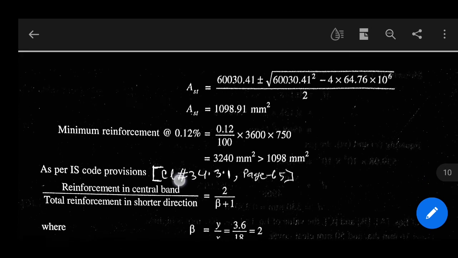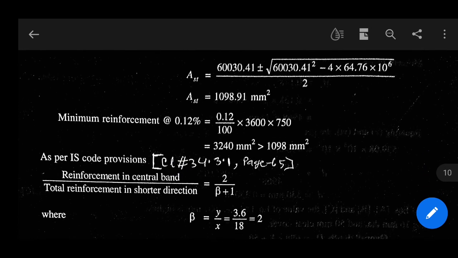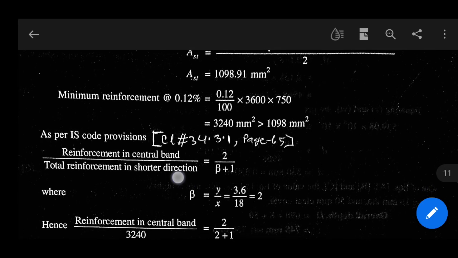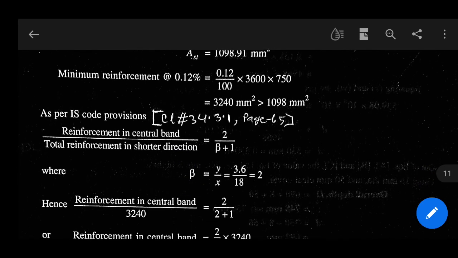So as per IS code provision clause number 34.3.1 page 65, reinforcement in central band by total reinforcement in shorter direction is equal to 2 by beta plus 1, where beta is equal to y by x, that is equal to 3.6 by 1.8, equals 2.